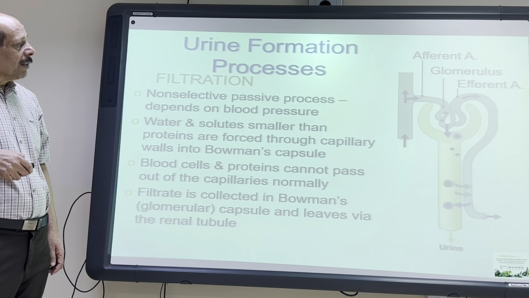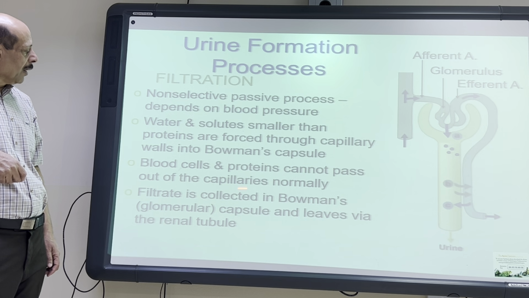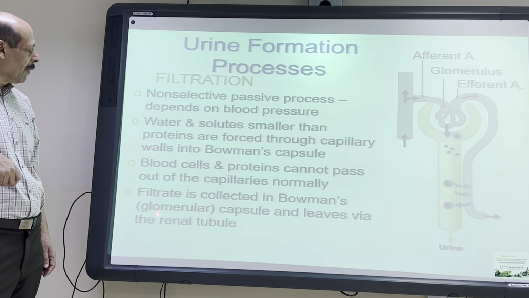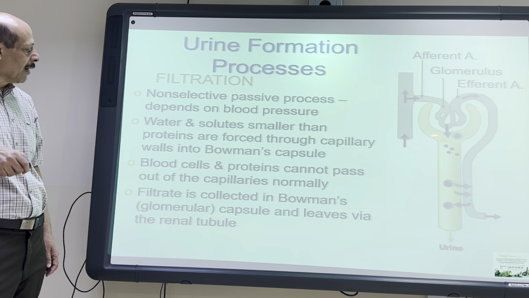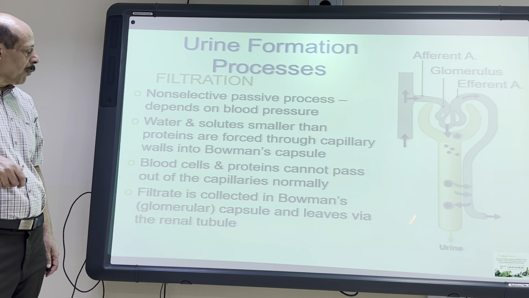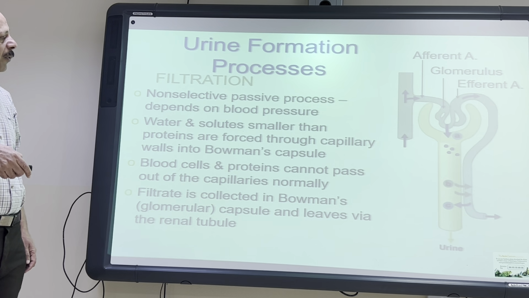So the filtrate which is coming out will be collected in the Bowman capsule, the glomerular capsule, and leave via the renal tubules, which is the distal convoluted tubule.